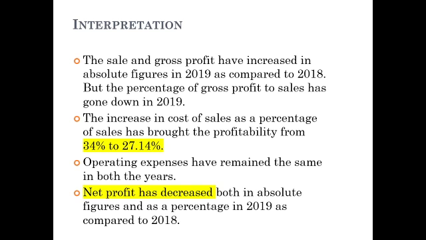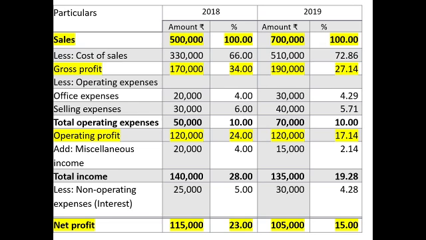So the sales and gross profit have increased in absolute figures in 2019 compared to 2018, but the percentage of gross profit to the sales has gone down in 2019. So sales is increased here.